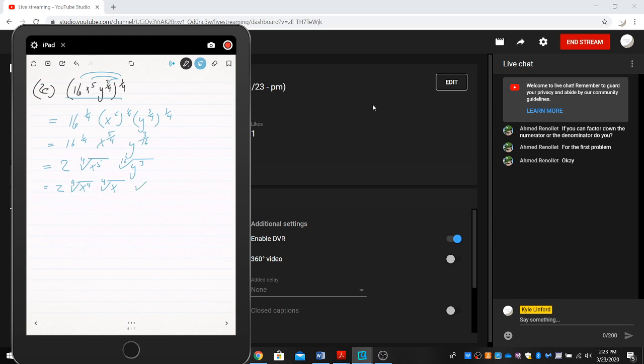I'm just going to have to leave the 16th root of y cubed to the side here. That's not going to break down, and that's okay. I don't always expect things to break down. So we have 2, and the 4th root of x to the 4th just simplifies to an x. And then we're left with the 4th root of x and the 16th root of y cubed.